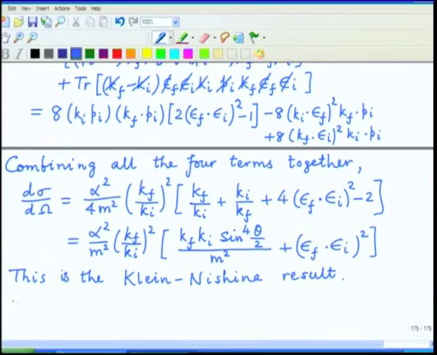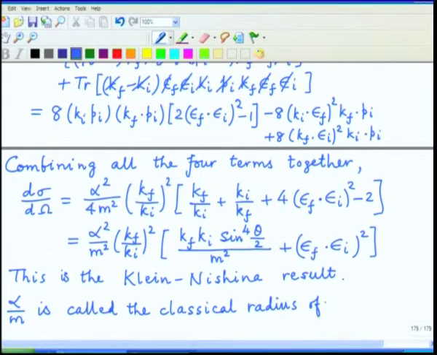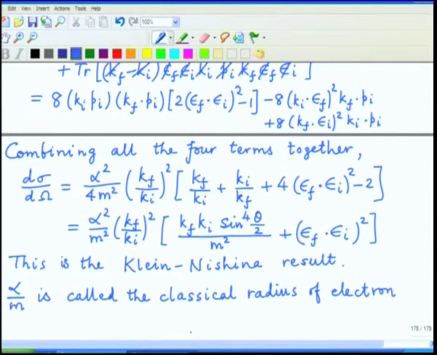In particular, this object alpha by m is called the classical radius of electron. It is essentially not 1 over m, which will be the Compton wavelength, but a Compton wavelength reduced by a factor of alpha.